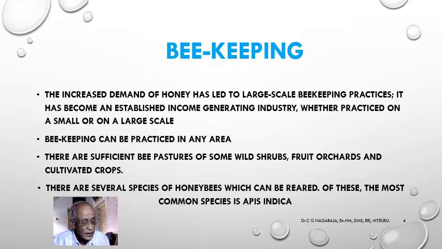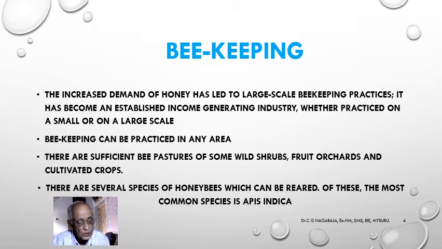Such an area is called the pasture. In that area, honey bees can be reared, cultured, and that's where the hives are kept. And there are wild shrubs, fruit orchards, cultivated crops. All these are the areas which are today utilized by large industries to produce honey.